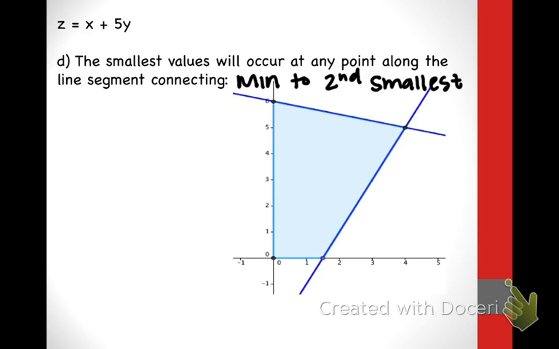If I'm looking for the least, maybe not the absolute smallest, I'm going to look along this line segment here, the one that connects the 0, 0 vertex, because that gave us where my minimum was, and the 1.5, comma 0 vertex. Anything along that line segment is going to be smaller than anywhere else on my feasible region here. That's going to be my smallest values for my objective function.